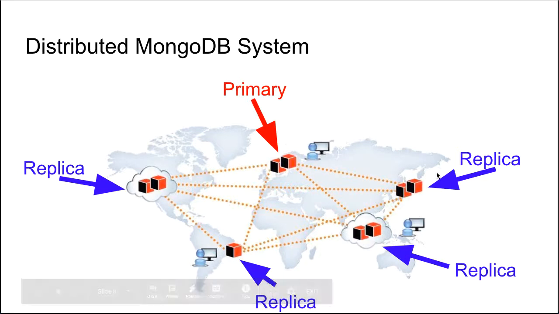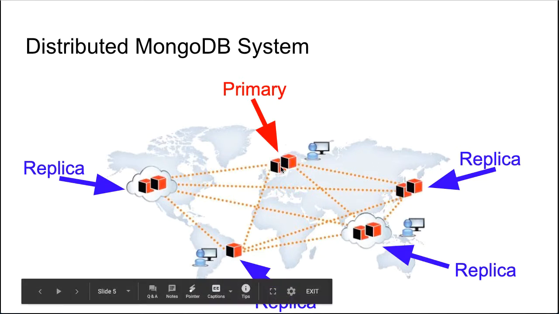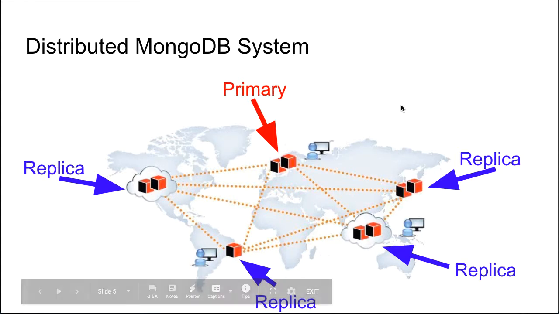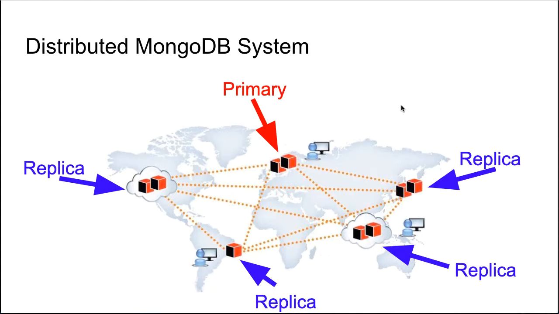But point being, you can replicate your server if you put all of your data in all of these locations, and you have a primary that's in charge of making sure that they're up to date.